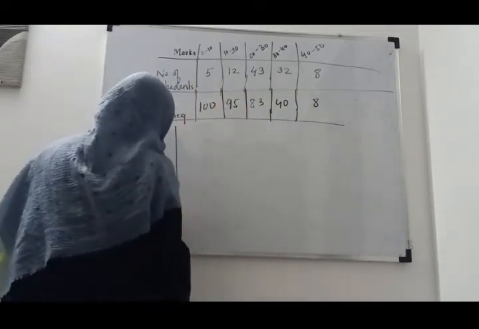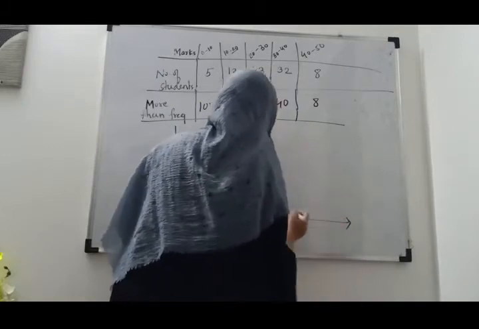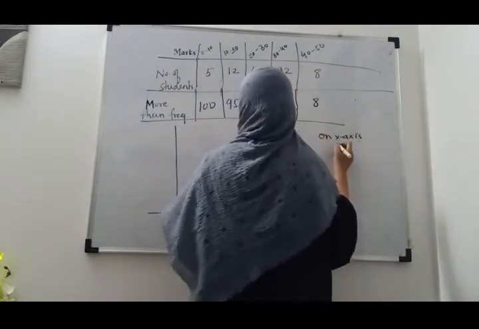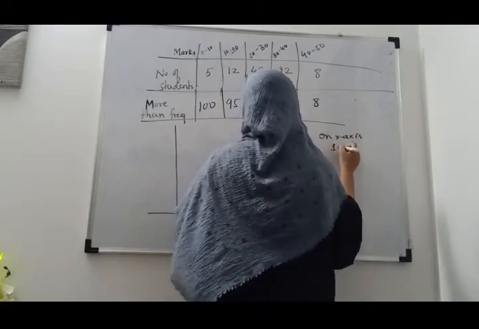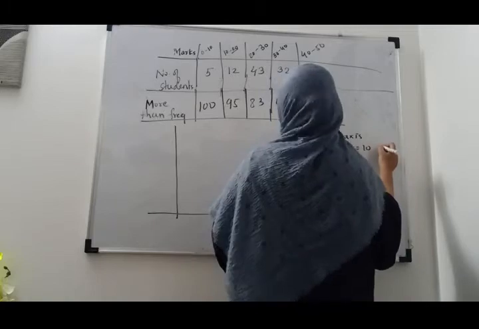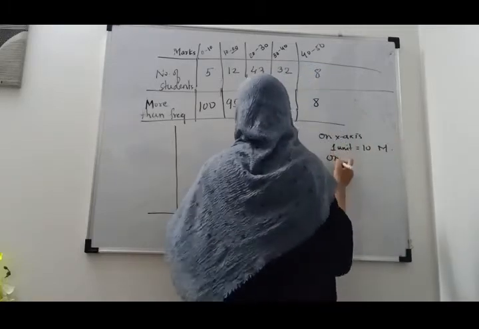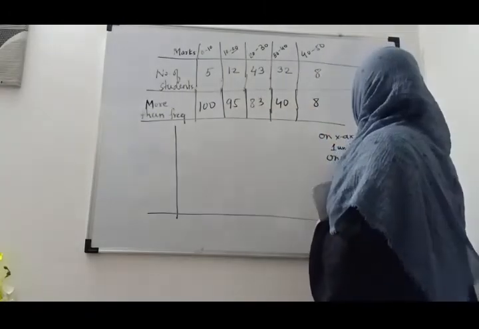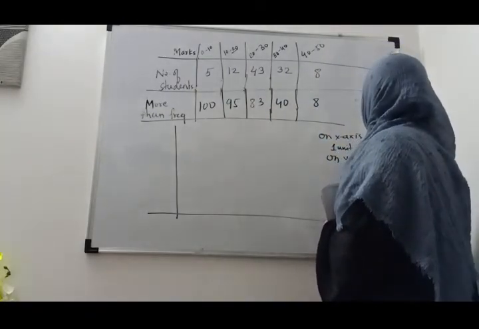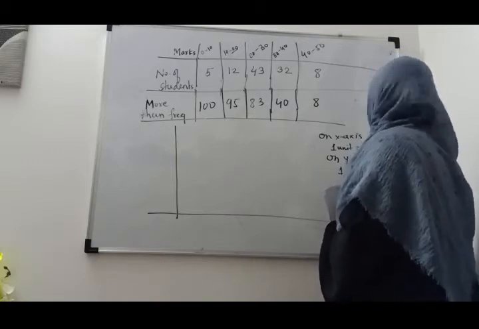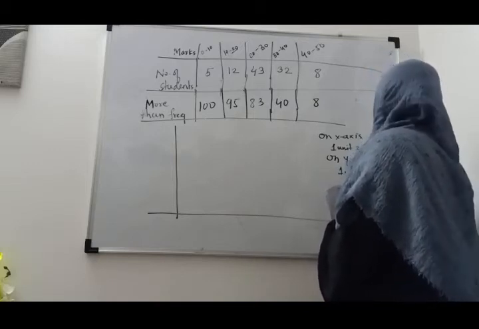Okay, so in the same manner we have to take on x-axis the lower limit. Okay, so the 1 unit is equal to 10 marks, and on y-axis here also we will take difference of 10 units. Okay, on y-axis 1 unit is equal to 10 number of students.